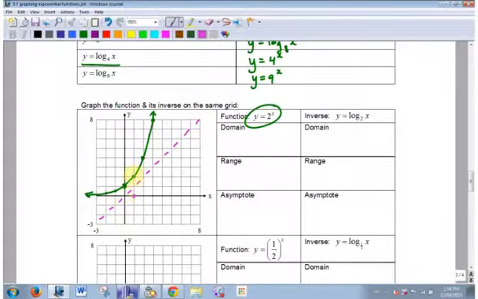This point is 1, 2, so I'm going to go 2, 1. 2, 4, 4, 2. 3, 8, I'm going to go 8, 3. Does it look right? Okay. -1, 1/2, I'm going to go 1/2, -1.